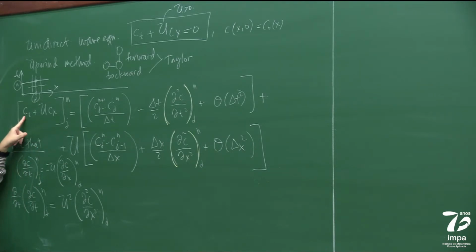Right now I'm saying that C, I think of it as a solution of the wave equation, okay? And later on I'll say, now think of C as a solution of another PDE, called the modified PDE, which is very useful for us to understand what our numerical method is doing.